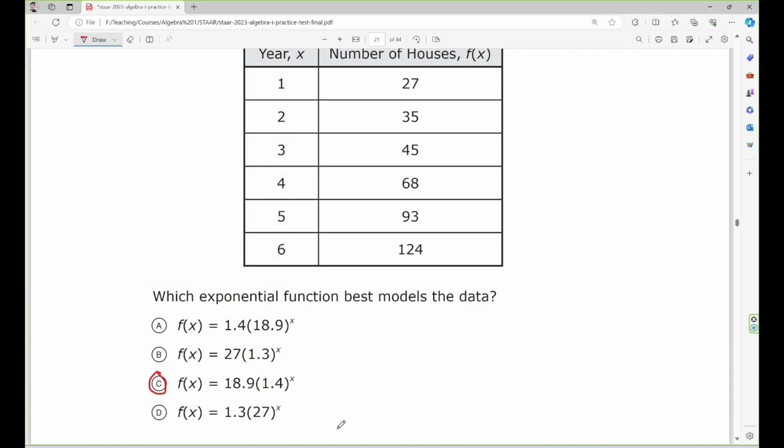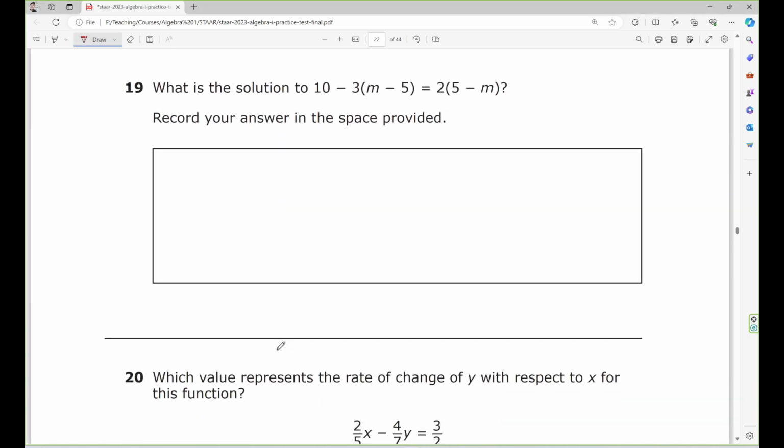Alright, number 19. What is the solution to 10 minus 3 times m minus 5 equals 2 times 5 minus m? Alright, so just distribute this one. Alright, so we have to what? 10, rewrite 10. Negative 3 times m, distribute this. Negative 3 times m is going to be negative 3m.